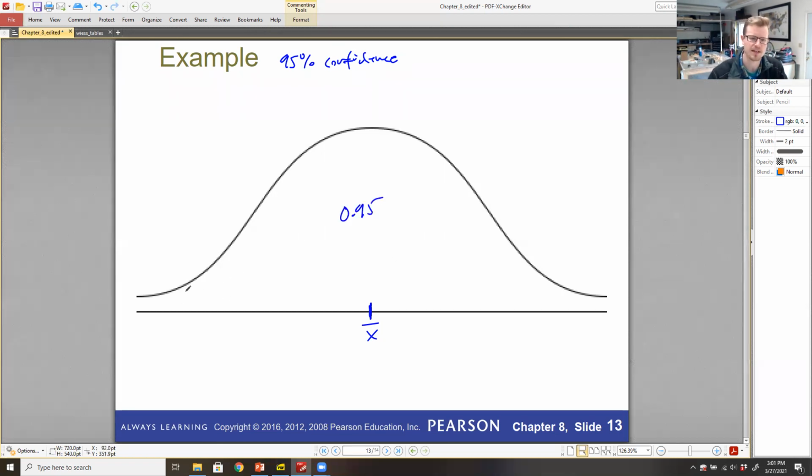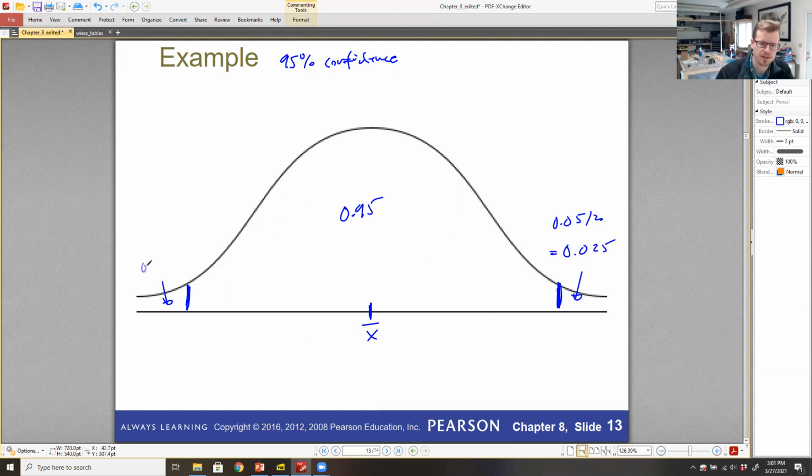So we want to get this area here to be 95 hundredths. Excellent. That means the area over here and the area over there are equal, because we're looking for that centered 95%. Each of those areas would be 0.05 divided by 2, which is 0.025.